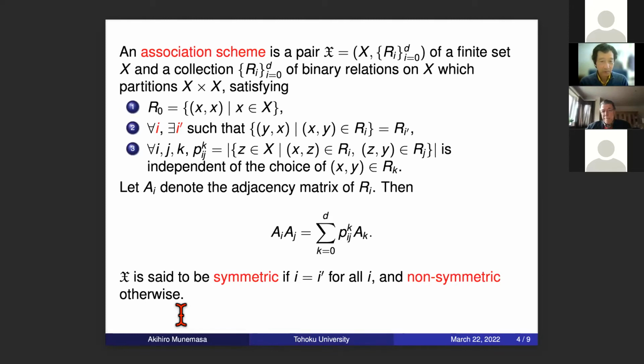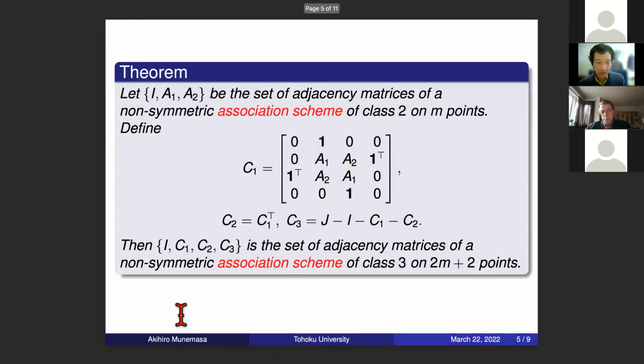The crucial condition for association scheme is the third condition that imposes some regularity. The second condition in our case for the non-symmetric association scheme is rather obvious, that A1 transpose is A2.